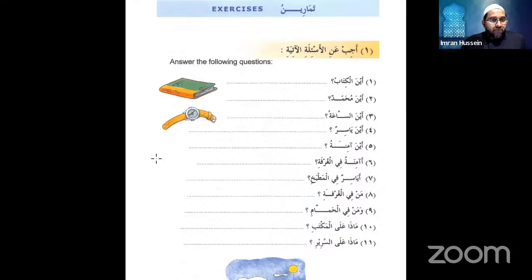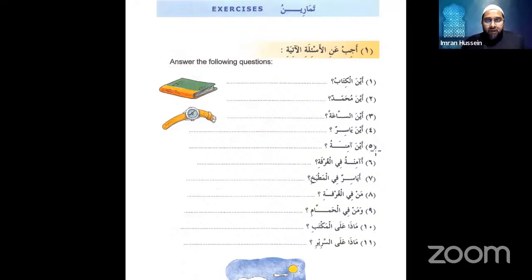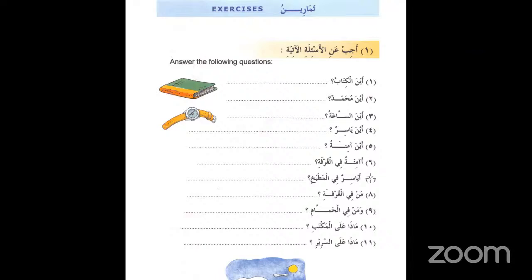Brother Samin is not on there. Okay, then can I request Gauthar Naqvi? Assalamu alaikum. Wa alaikum salam. I want you to do question number 5 and 6. Aina Aminatu? Hiya fil matbakh. She is in the kitchen. Aminatu fil ghurfa.